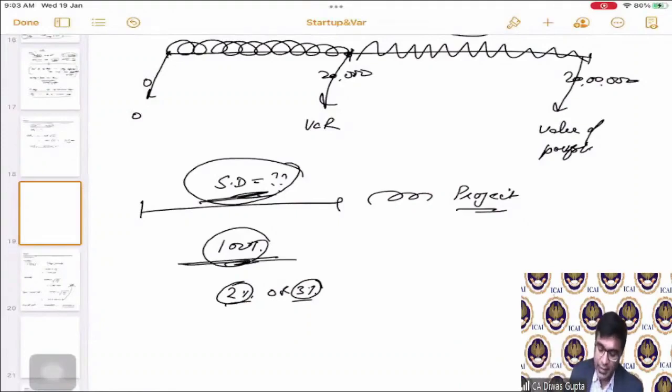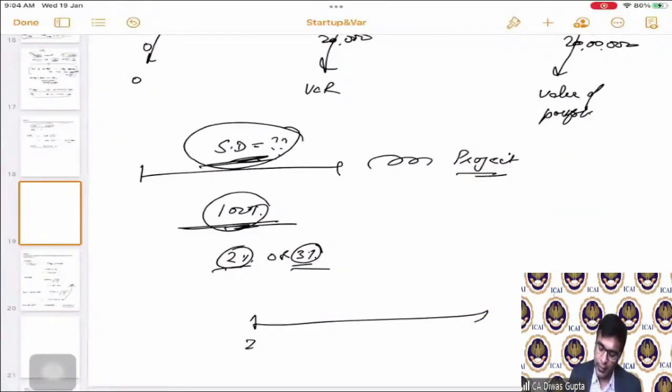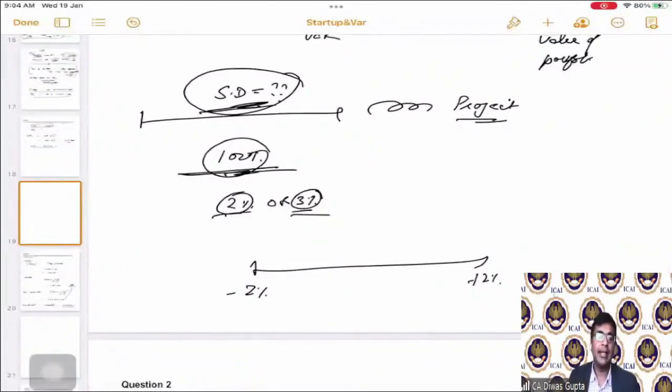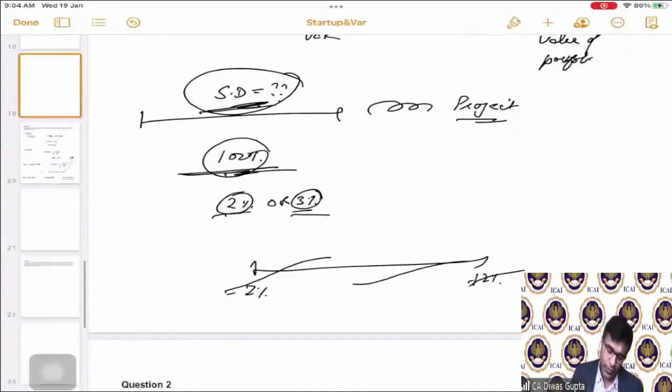If it is 100%, your entire value can be doubled or it can be 0. But if it is only 2 or 3%, the impact will be rotating only within the bracket of -2 and +2. You remember that we calculated a range using SD. So it's not a 50-50 ratio. History shows the standard deviation is only 2 or 3%, and hence the future projection.